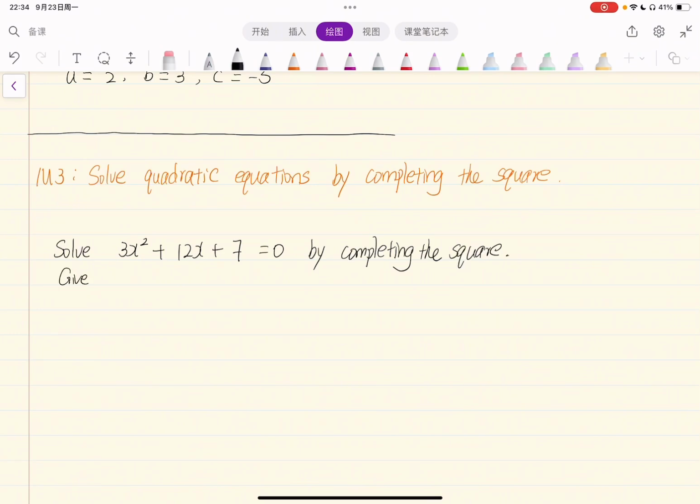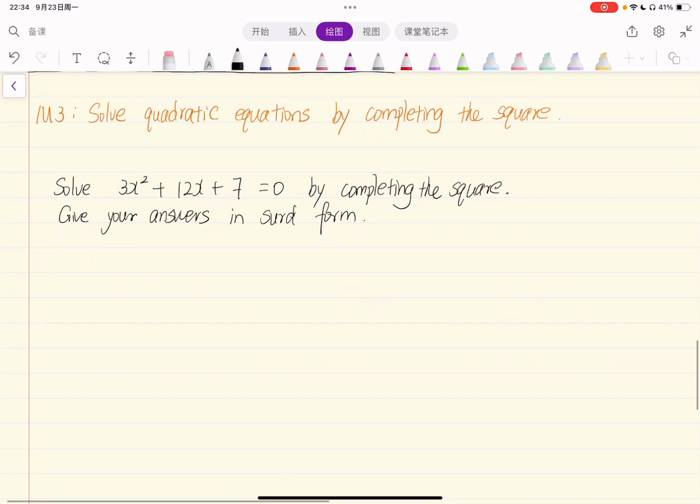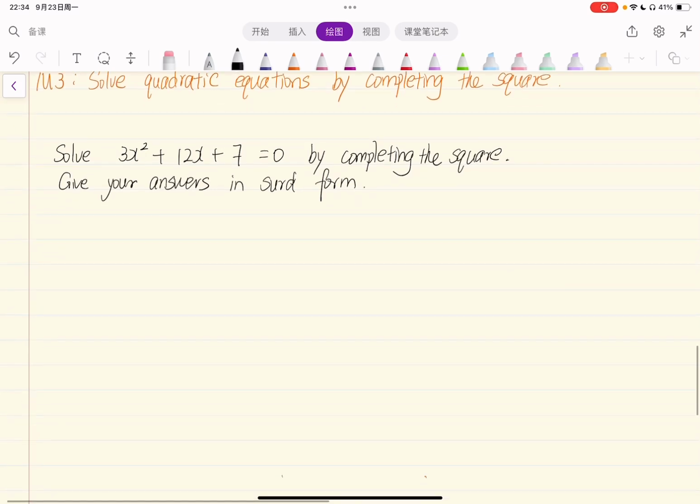Give your answer in surd form. So what we need to do is write 3x squared plus 12x plus 7 equals 0.